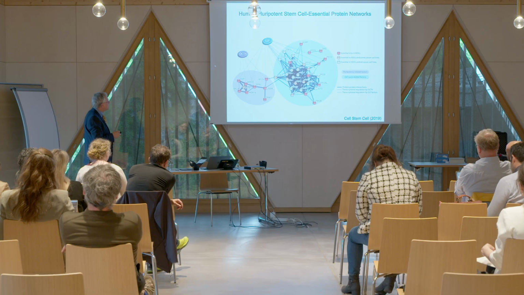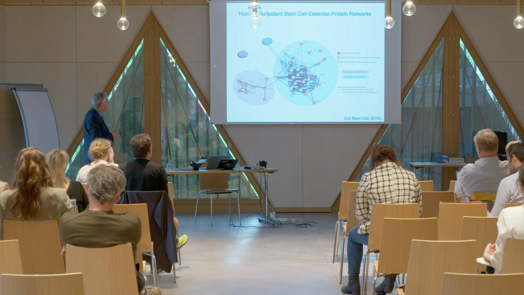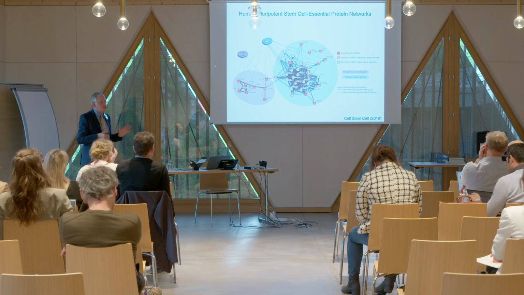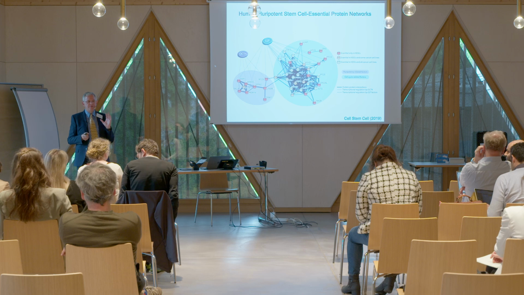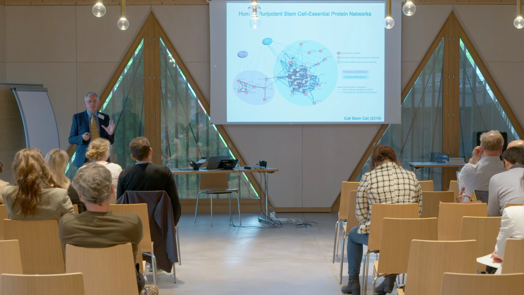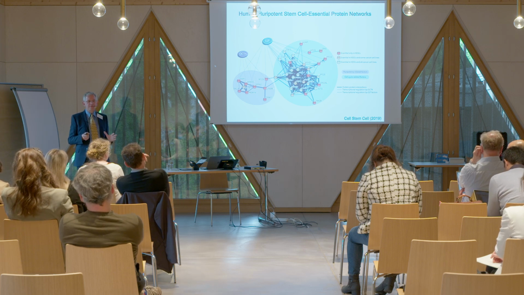Regarding pluripotency, I will also show you only one slide. We are now looking at all the genes that are either specific or enriched in human pluripotent stem cells, much more than in any somatic cells, and are essential. If you think about stem cells, they have two capacities. One of them is self-renewal, they can proliferate forever, and the other is that they are primitive cells that will make more mature cells.